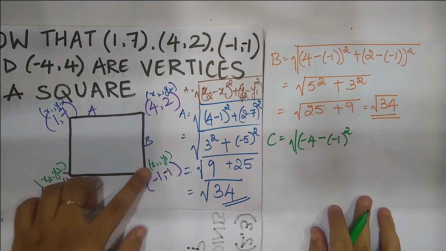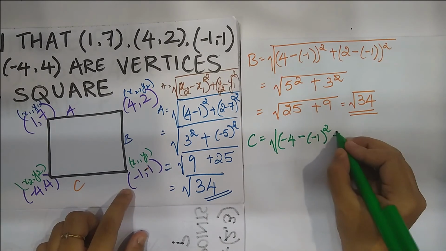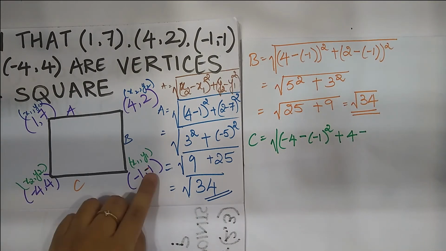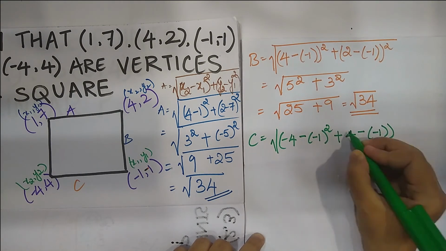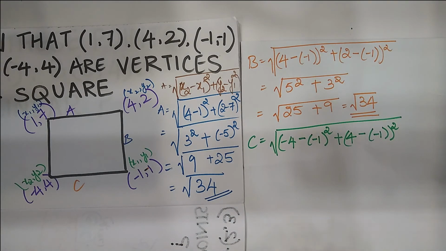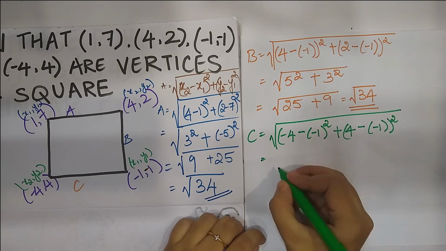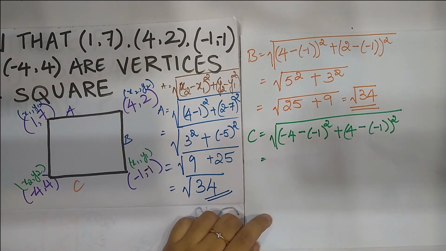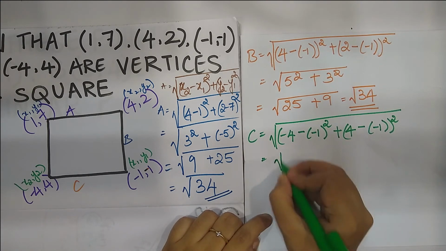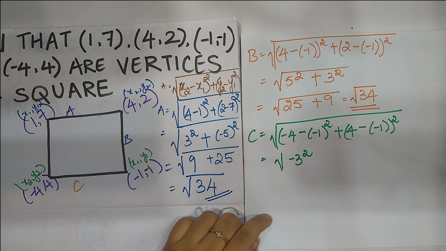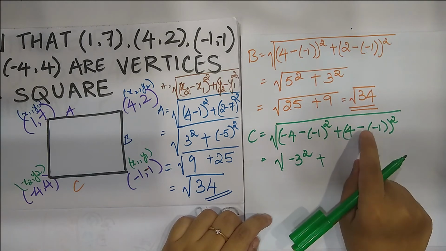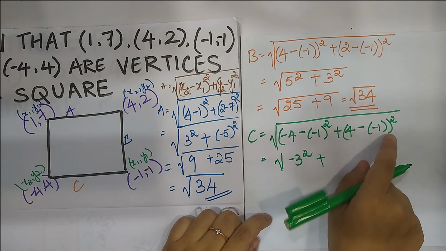Be careful with the negatives, plus y2, which is 4, minus y1, which is minus 1, the whole square. Be careful with the brackets, the negatives and the square root. Don't forget any of it. What is minus of minus? Plus. So we have minus 4 plus 1, which is equal to minus 3, so minus 3 square. Plus 4 minus of minus 1, so 4 plus 1 is equal to 5 square.